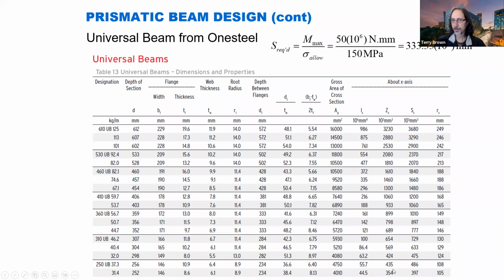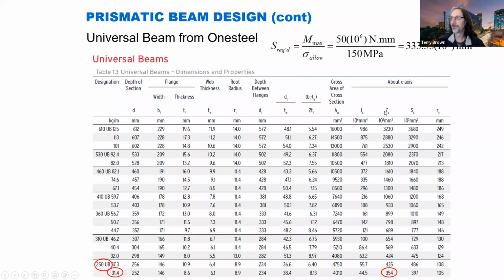Maybe not. Yeah, they're all too big. What do I choose? 354. Okay, this one down here. Right, so it shows one that's even smaller depth, a little bit less weight.